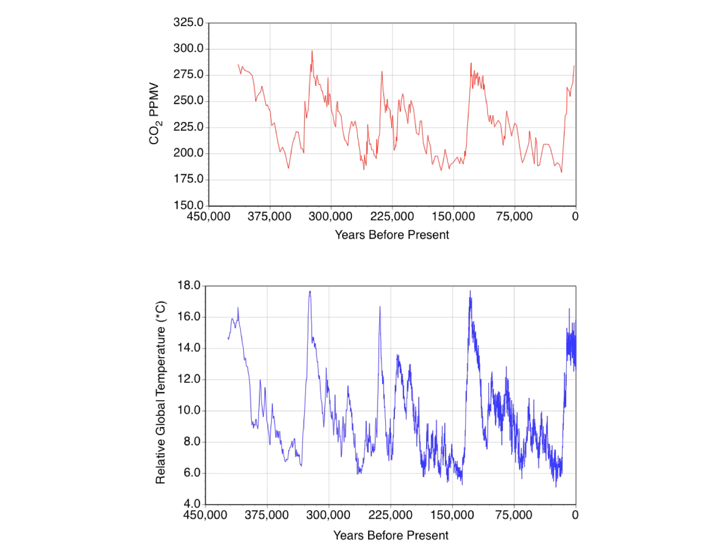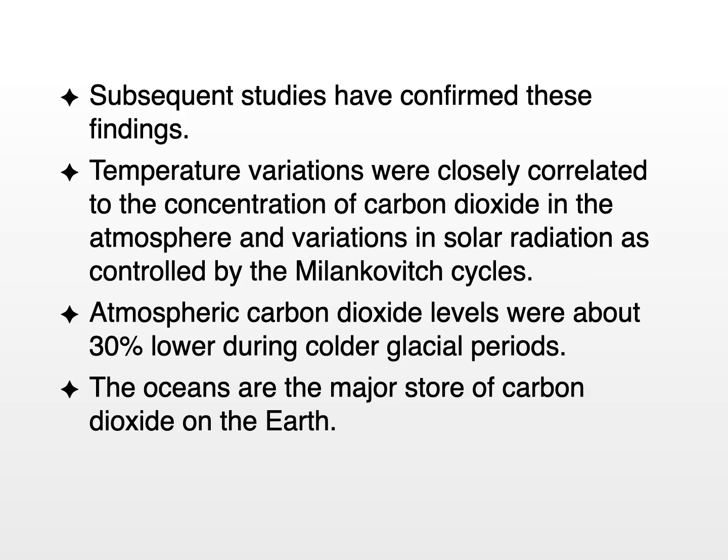So this acted as a positive and negative feedback mechanism. So what was happening? What they discovered was that the Earth's temperature was changing because of the Milankovitch cycles and variations in solar radiation.